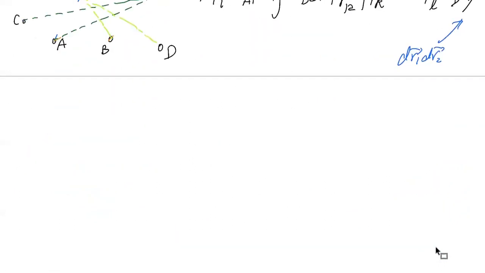So another way to do this, or another type of function, is called a Gaussian function, or Gaussian type orbitals.